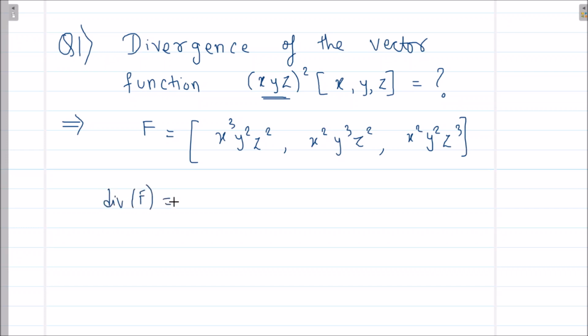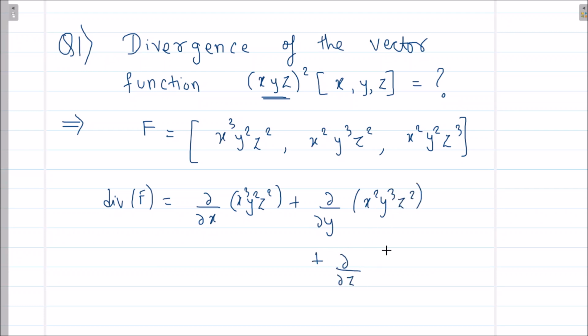You differentiate the first component with respect to x, which is x cube y square z square, plus you differentiate the second component with respect to y, which is x square y cube z square, and you differentiate the third component with respect to z, x square y square z cube.